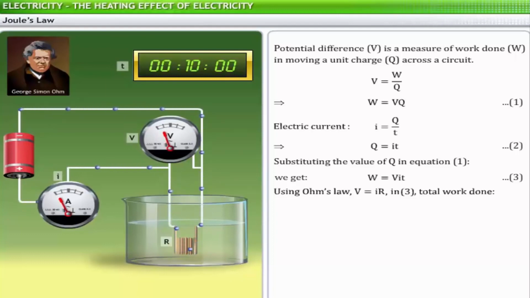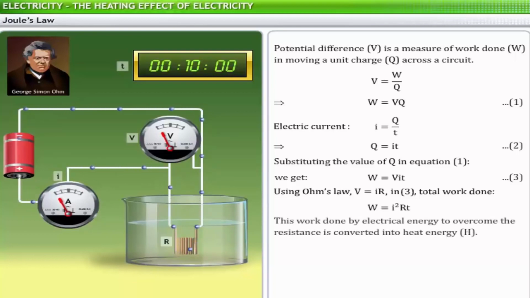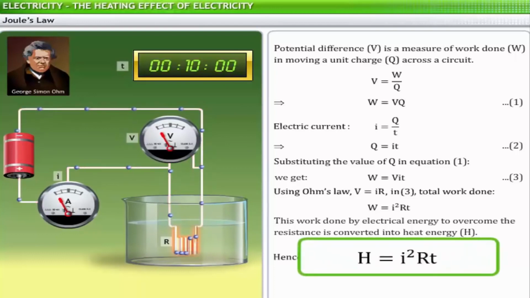The total work done by electric current, W, is equal to I square RT. This work done by electric current to overcome the resistance of a conductor is converted into heat energy, which is represented by H. Hence, H is equal to I square RT.